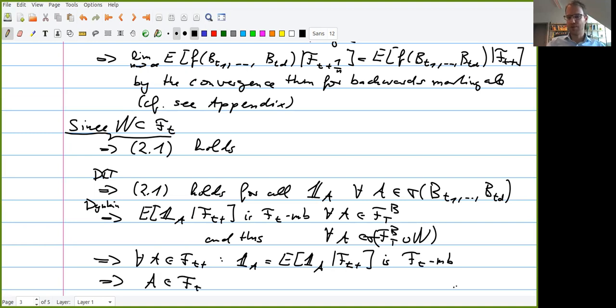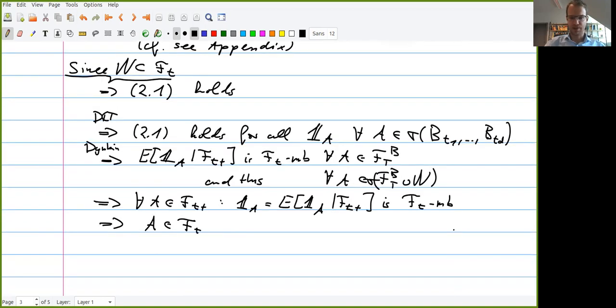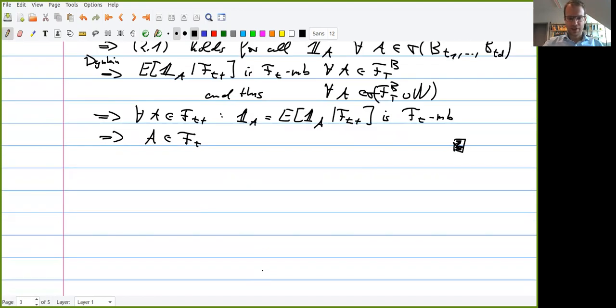This holds for all F_{t+} measurable sets. So this is actually what we wanted to show, that every F_{t+} measurable function is also F_t measurable. This is the original claim.